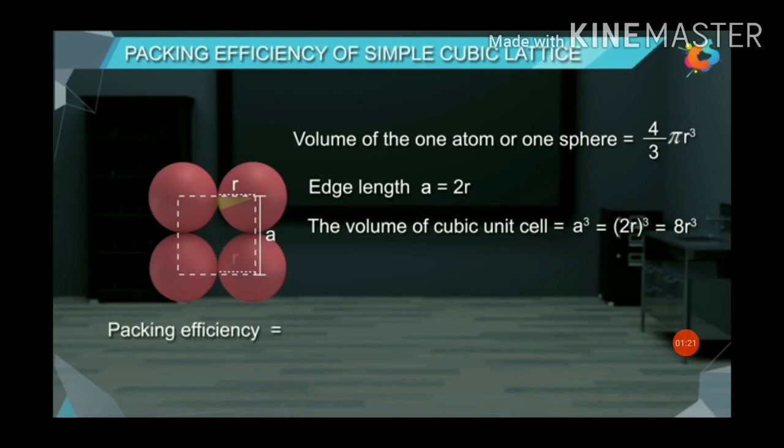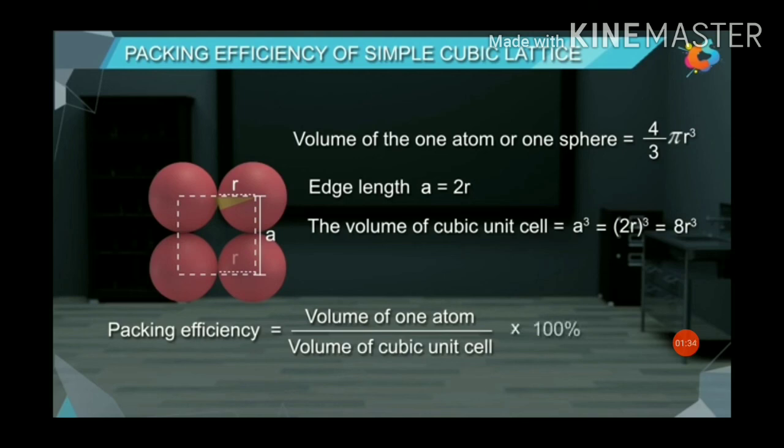Then the packing efficiency is equal to the volume of one atom, because the simple cubic unit cell contains only one atom, divided by the volume of the cubic unit cell, into 100%.